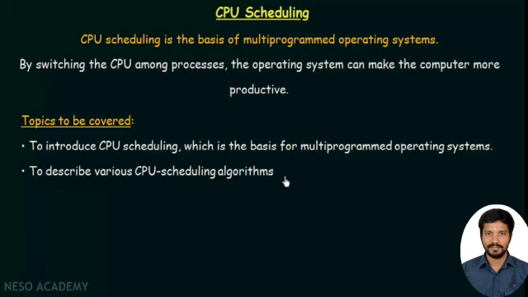There are different ways in which CPU scheduling can be done. We will see the various algorithms which help in accomplishing CPU scheduling, how these algorithms differ from each other, and which of these algorithms perform better in particular situations. So first of all, we'll study what CPU scheduling is, then we'll look into the algorithms. These two topics are very important, and we will try to go into the details and make CPU scheduling very clear to all of us.